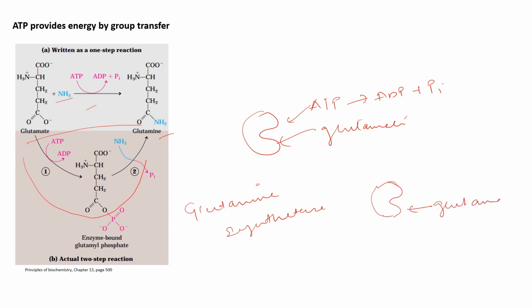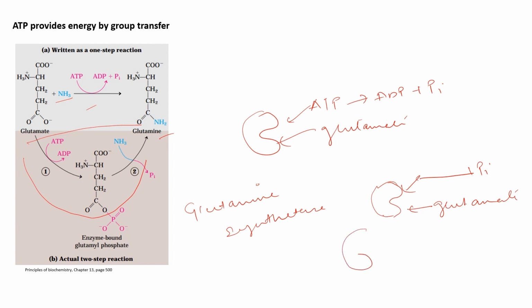Here glutamate is already there. Earlier it was ATP. Now after hydrolysis, what is bound here? ADP plus Pi. This ADP will be released simultaneously. So what will remain now? Only this Pi, correct? So Pi is still bound with the enzyme. Because of this, the conformation of this enzyme will change.